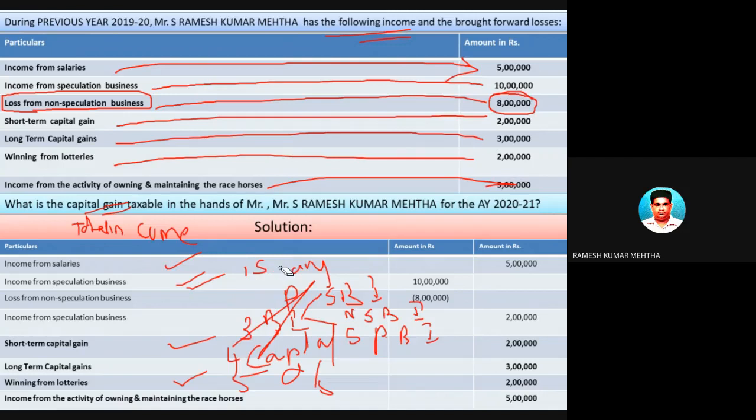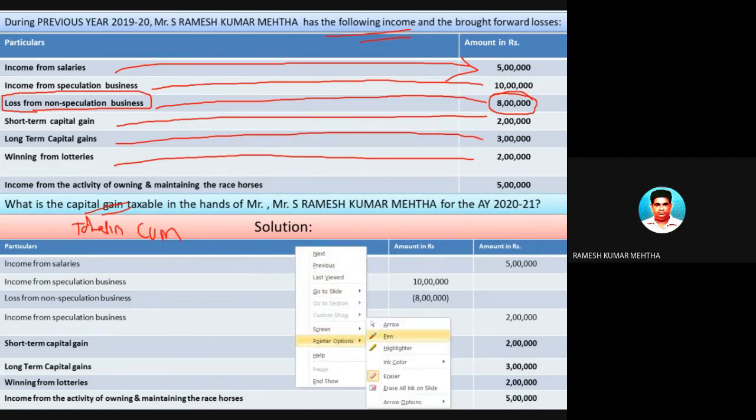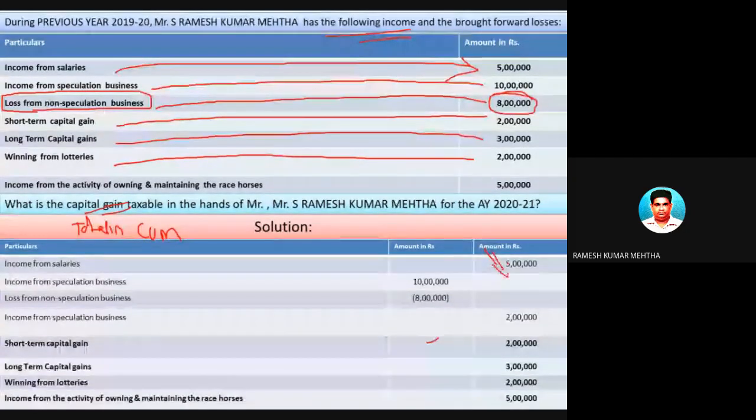Let's solve the problem. Income from salary: what was the income from salary? It was 5 lakh rupees. So that is kept under the head income from salary.